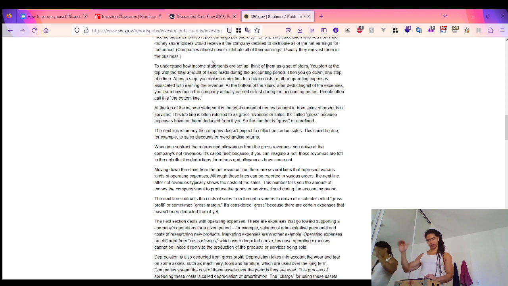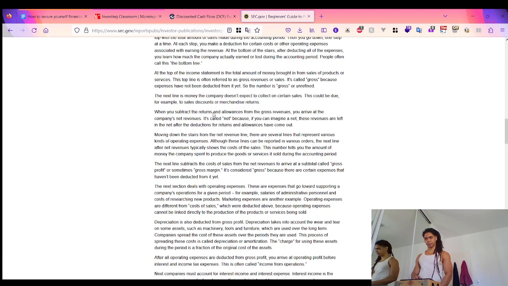At the bottom of the stairs, after deducting all of the expenses, you can learn how much the company actually earned or lost during that period. People often call this the bottom line.